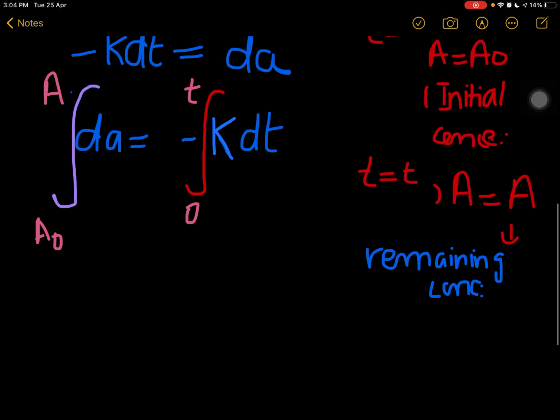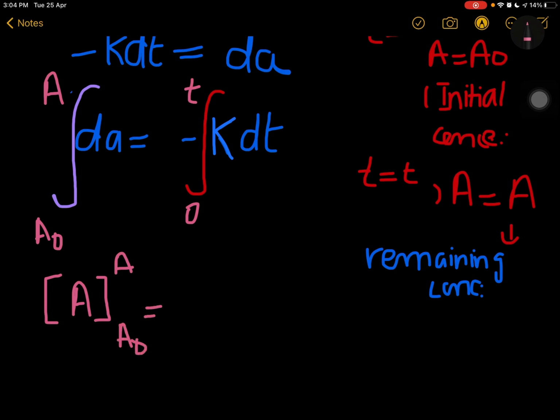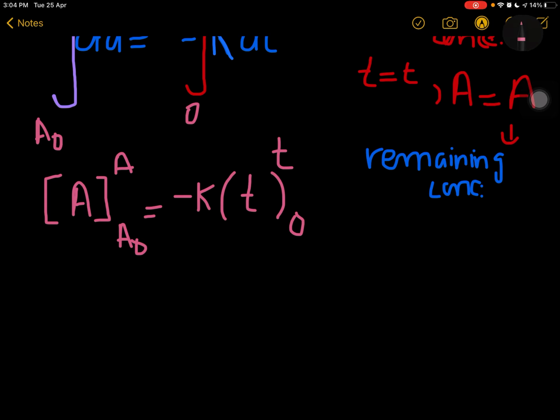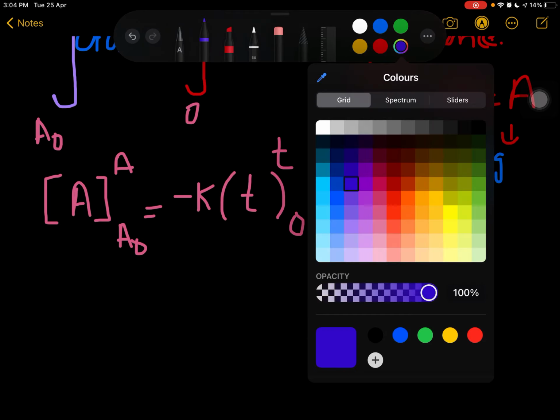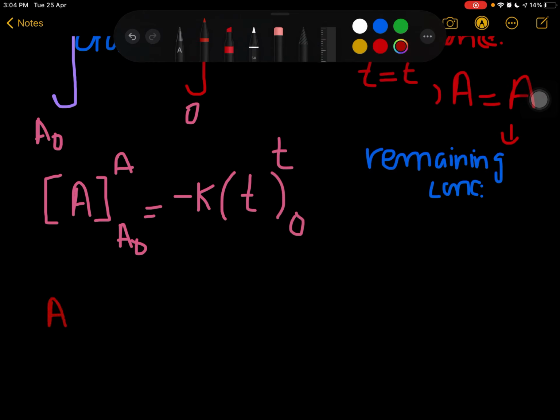So we can put this as the concentration of A from A naught to A, and K is a constant, right? So we won't add K to the limits, and here put 0 and T.